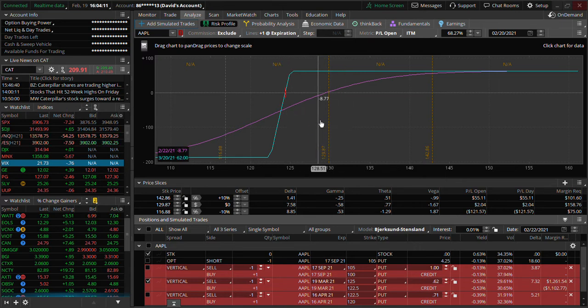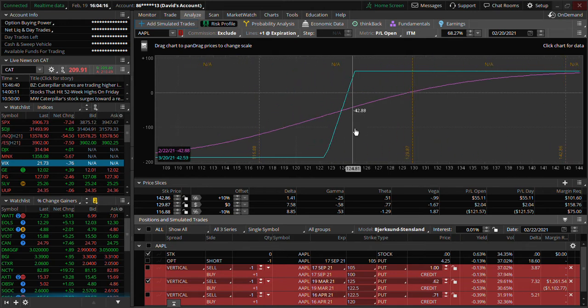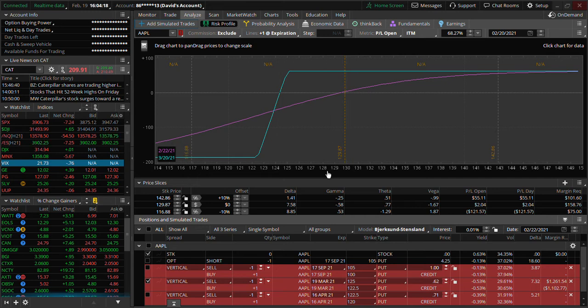You're trading so close in time that you really don't have a lot of options, so to speak, to adjust this trade. You can obviously adjust the trade if this trade goes lower.